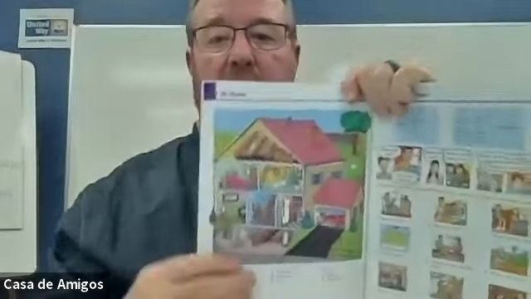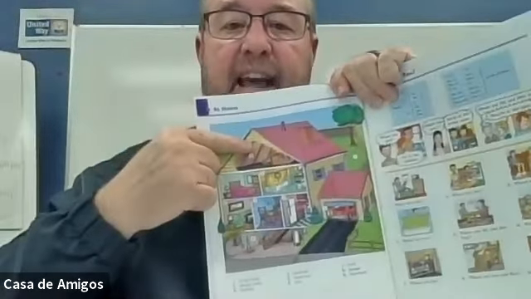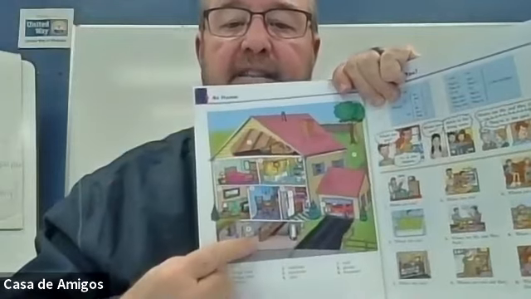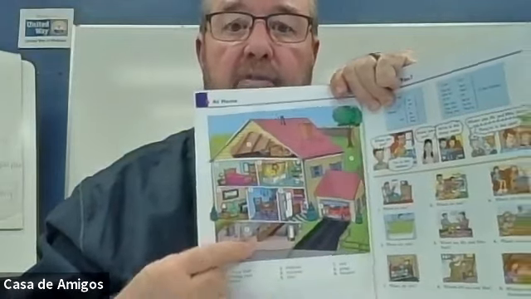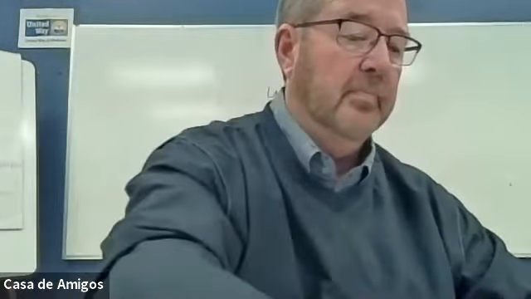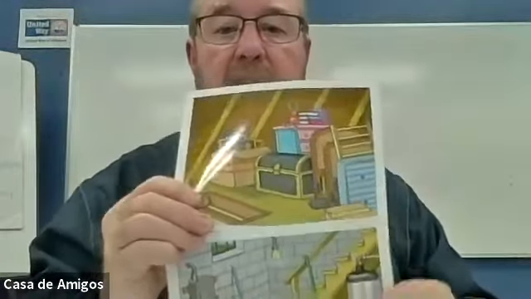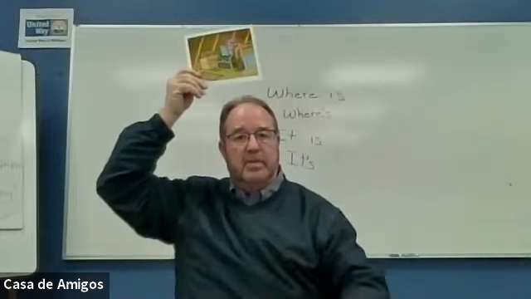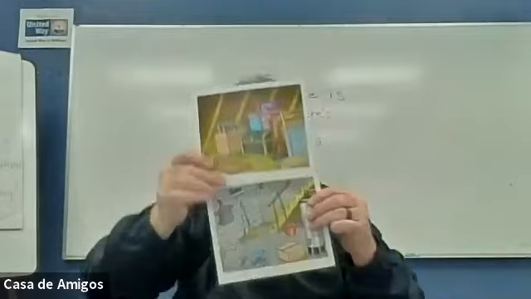And this is the basement, okay? Let me show you here. This is attic and this is the basement. Attic is above and basement is below. So that's how you can tell them apart.